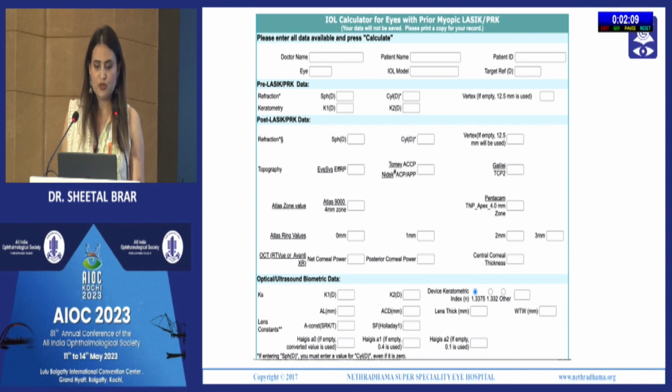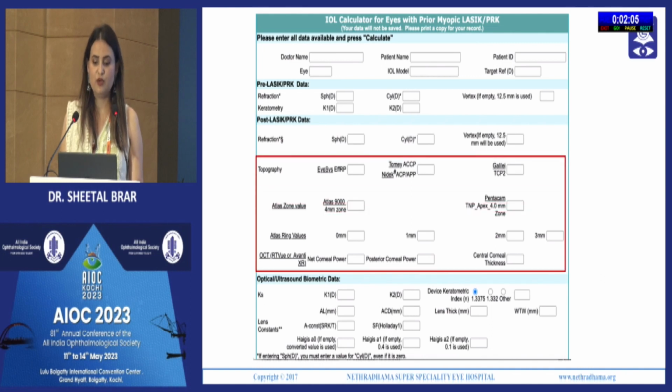What you need to do is enter whatever data is available with you, even if you have any pre-refractive surgery data or not. You can enter all the data, like the refraction, keratometry. Also, if you have topography, it caters to a lot of topography systems, such as the ISIS, the TOMEY, the Galilei, Atlas, Pentacam, even the RTVue.